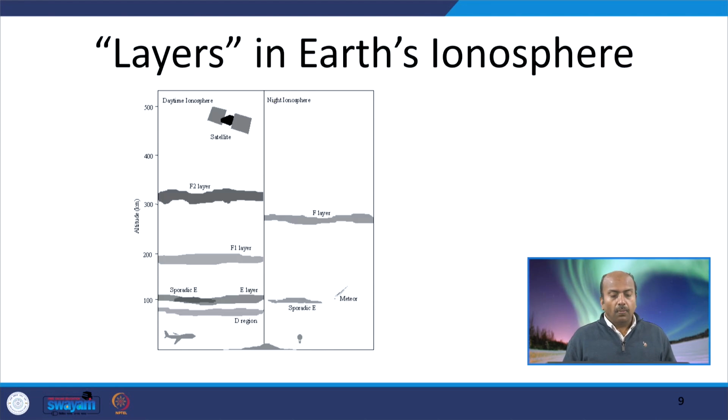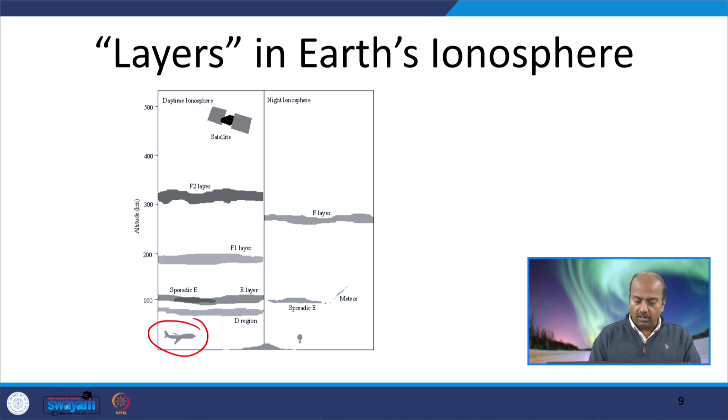Okay. Now, these are the layers in the ionosphere. Just for visual understanding of these layers, here we have the commercial jetliner which usually flies at, let us say, 10 to 12 kilometers max. And then you have the D region, and then you have a strong occurrence of electron density within the E layer.